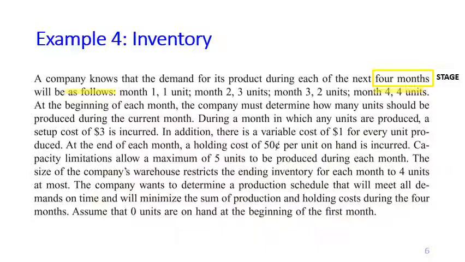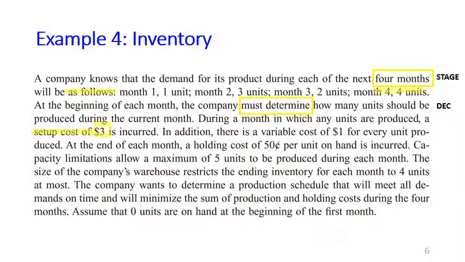Okay, and then what we need to decide each month is how many units should be produced during the current month. And then we have various costs. So the first one is setup cost, $3. This is a fixed cost.